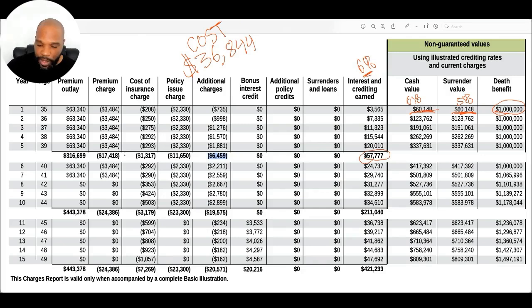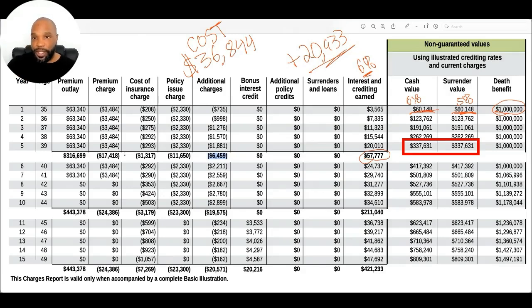Meaning what? It means we made $20,933 tax-free by owning and investing cash in an index universal life insurance policy. And you could also see that reflected in the cash and surrender values over here to our far right.